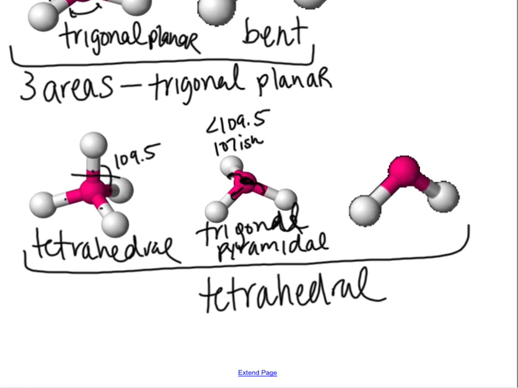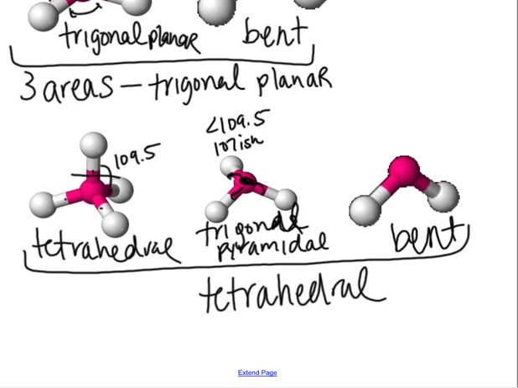Now if we have another lone pair, 4 areas, still tetrahedral electronically, but now we have 2 bonds and 2 lone pairs. What does that look like? Y'all recognize this shape. Bent. What's the most common substance that has this geometry? Water. Think about water. It's got 2 hydrogens and 2 lone pairs on the oxygen. That's what this is.